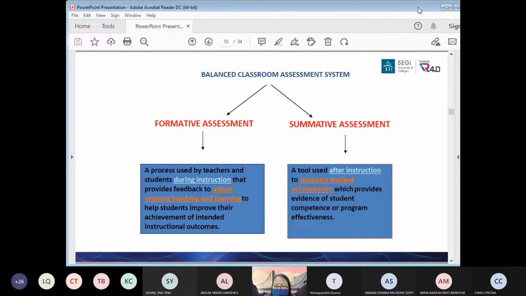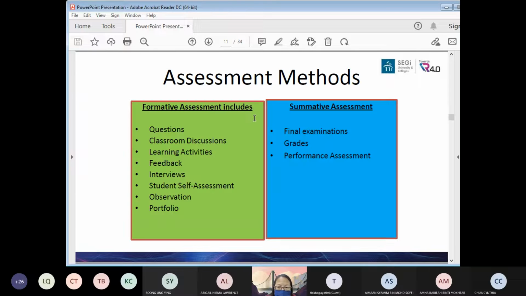Okay, let's move on. So assessment methods. Formative assessment again is telling you again and again. What are those? Please pay attention. Formative assessment means we ask you questions. Classroom discussions, where the teacher discusses with you, do this like that, it shouldn't be this.